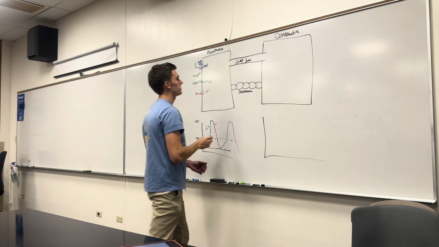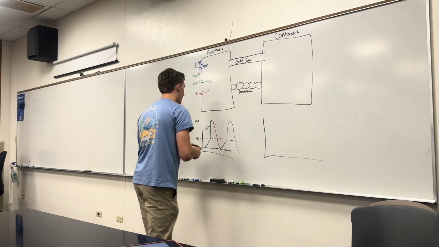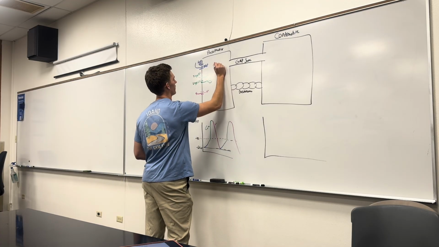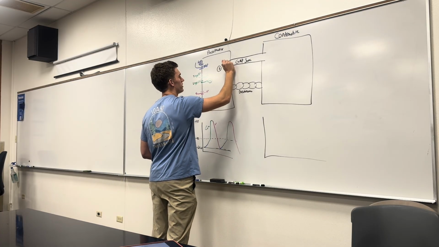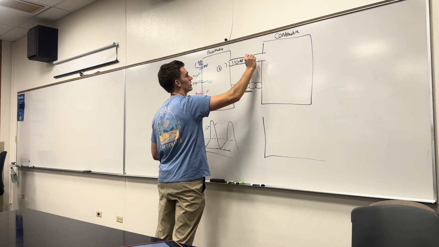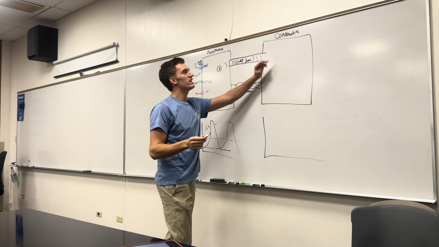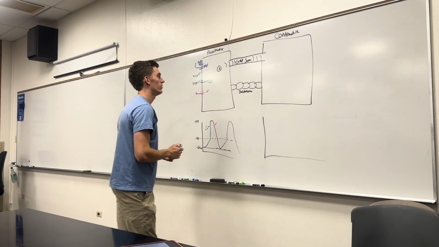And so what happens here is this positive bong that's sent conducts down the gap junction, and then it triggers the contractile cell.